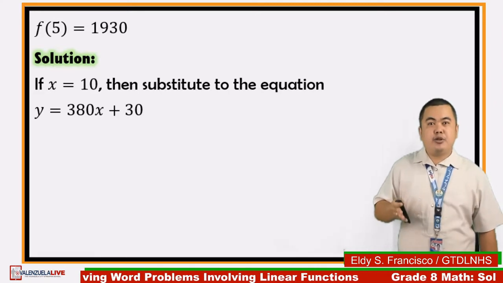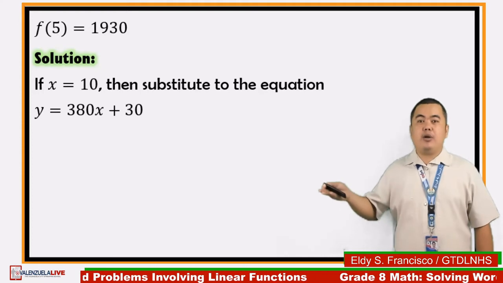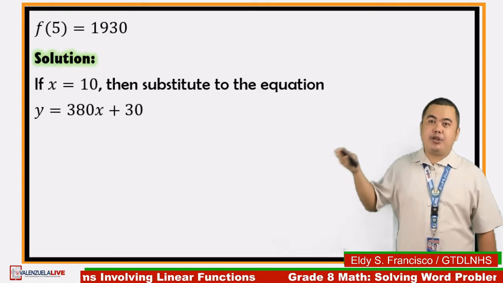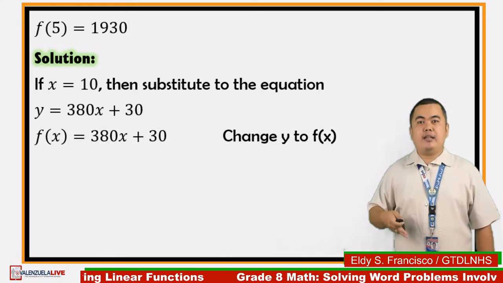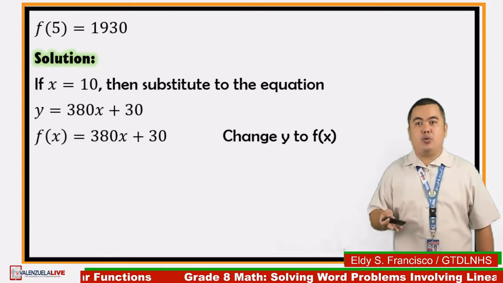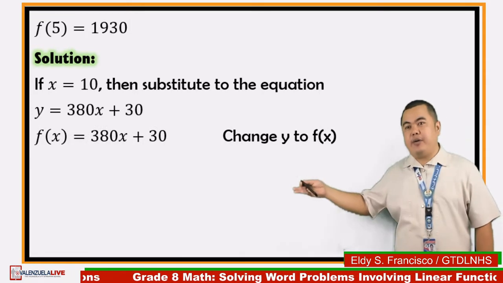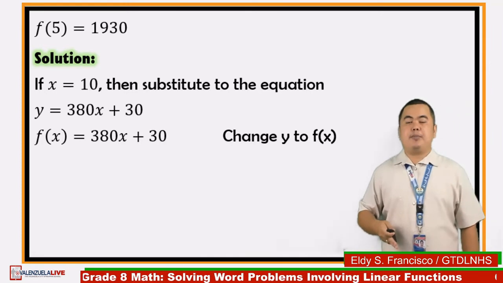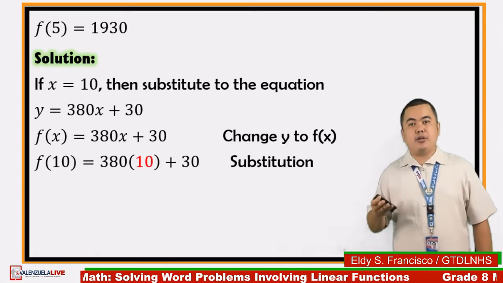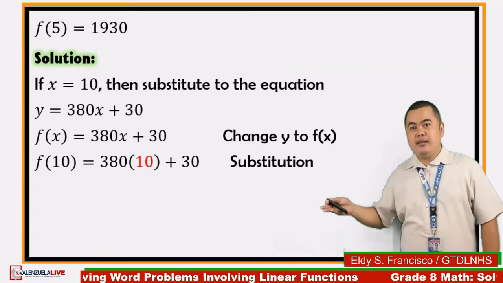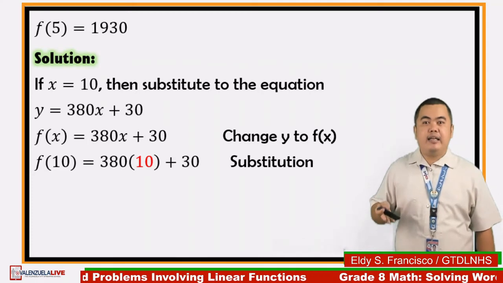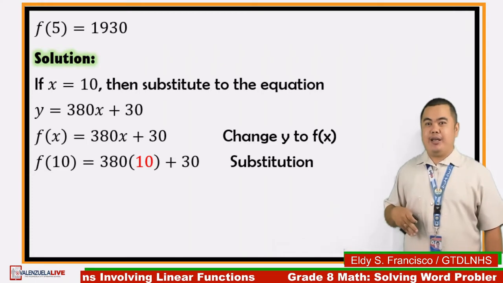So for the 10 kilos of pork, let us have now X is 10. Then substitute to the equation Y equals 380x plus 30. Change Y to f of X, so f of X equals 380x plus 30. By substitution, f of 10 equals 380 times 10 plus 30.